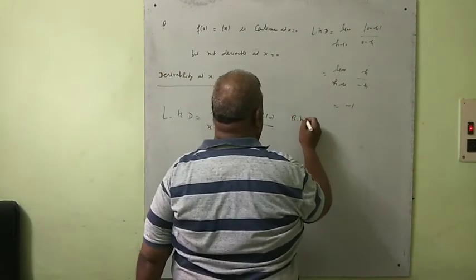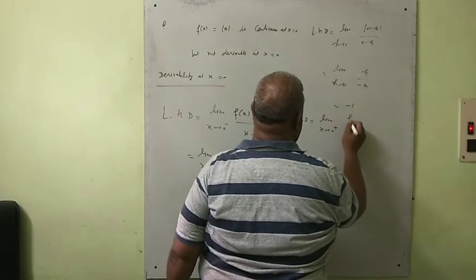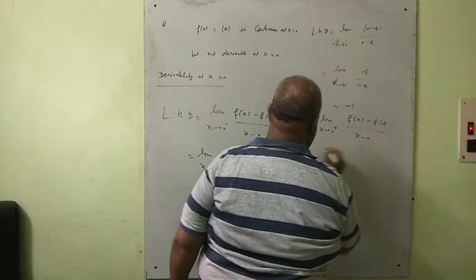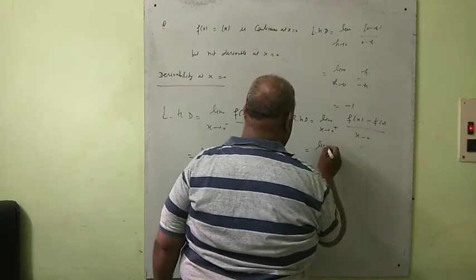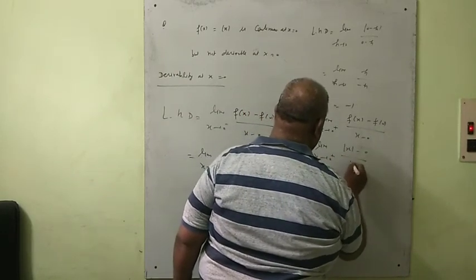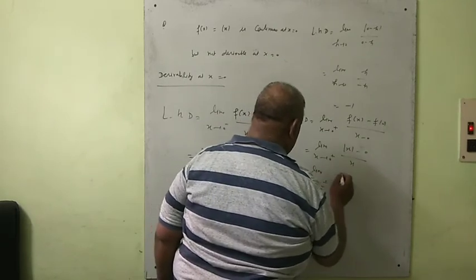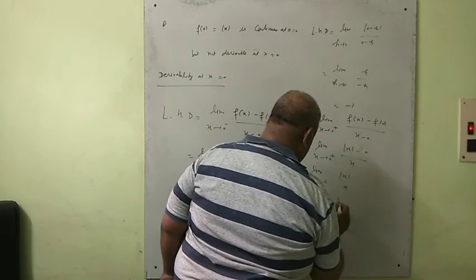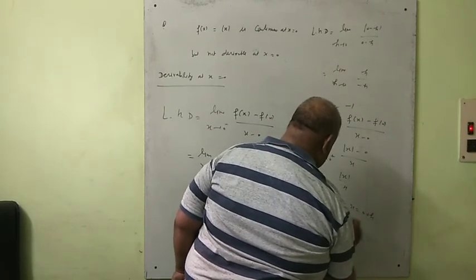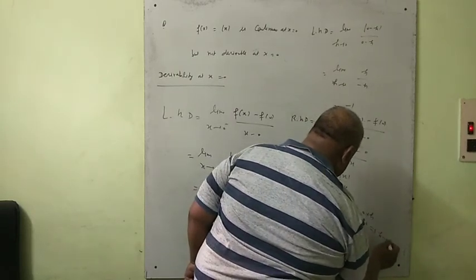Similarly, you will find out right hand derivative. Limit x tends to 0 plus of (f(x) minus f(0)), that is modulus of x minus 0 upon x. Put x equal to 0 plus h. As x tends to 0 plus, h tends to 0.